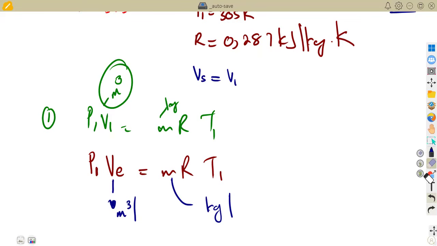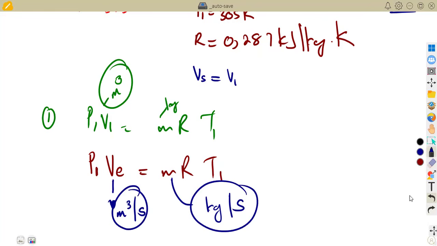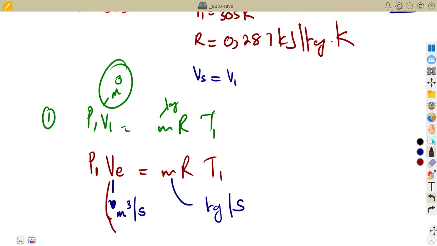If this is per unit time in seconds, this is kilograms per second. The moment this is taken as cubic meters per minute, your mass will be kilograms per minute also. Per hour, per hour. That's it. If you know this, guys, you are done.